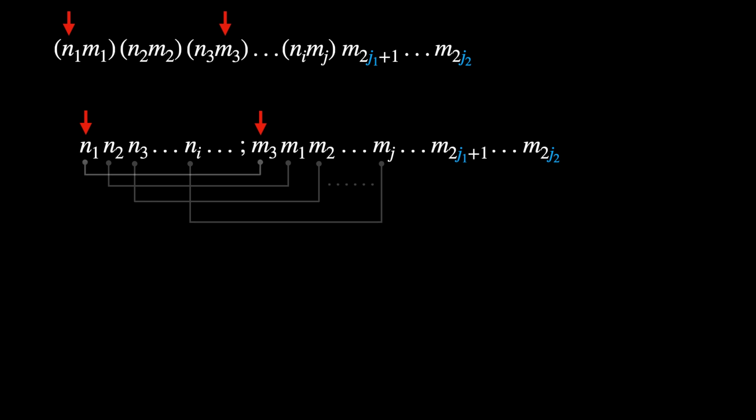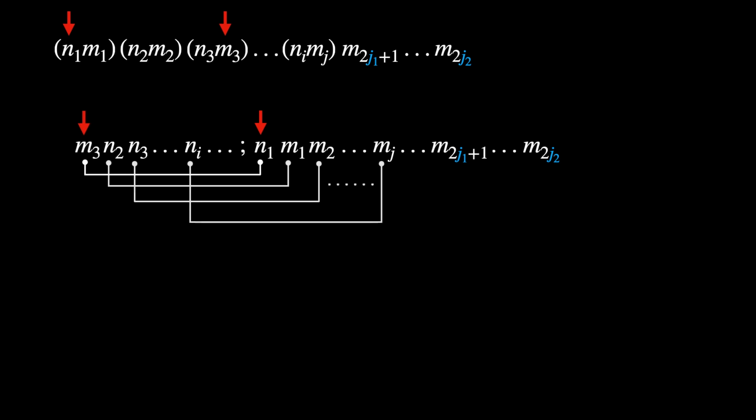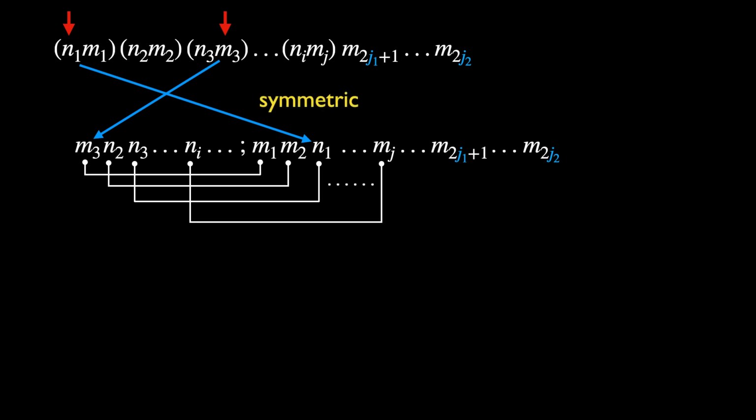Then switch m3 and n1 using this bridge. We can now move n1 to the right of m2 using the symmetry of the same side. This is where m3 used to be. Thus we have successfully switched the position of n1 and m3 without changing the value of the tensor. They are symmetric.